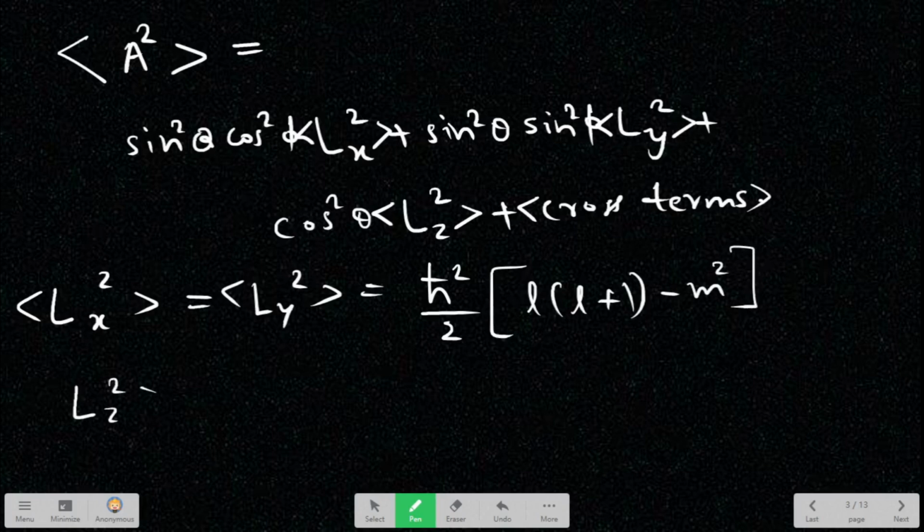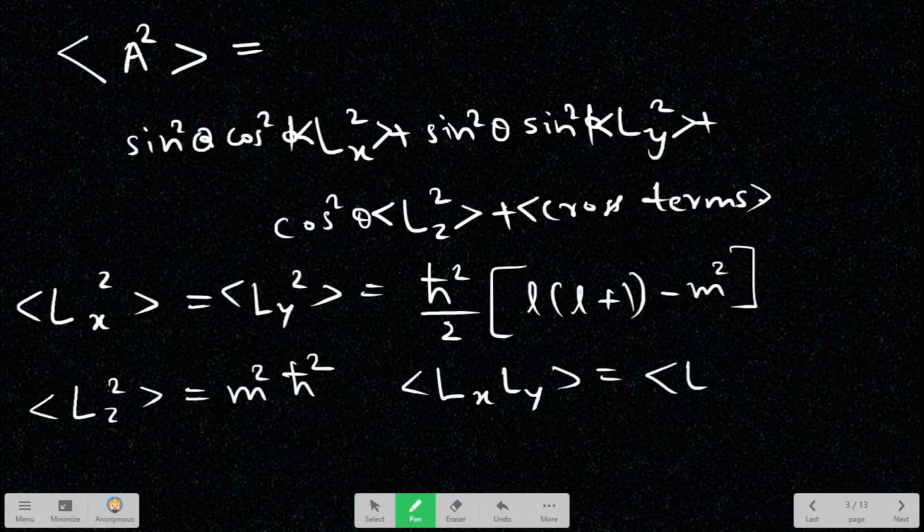Lz square expectation value will be equal to m square h bar square, and expectation value of cross terms, Lz Lx expectation value, Ly Lz expectation value, Lx Ly expectation value, all of these terms will be equal to 0.